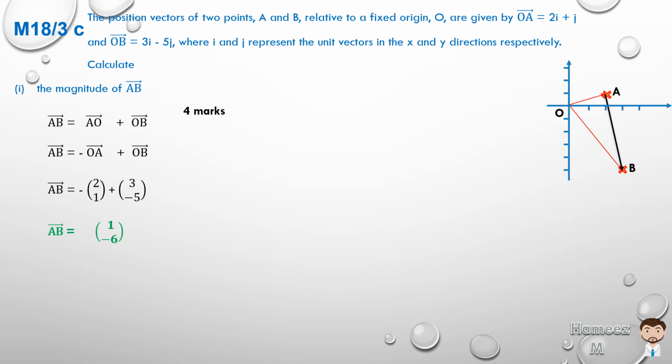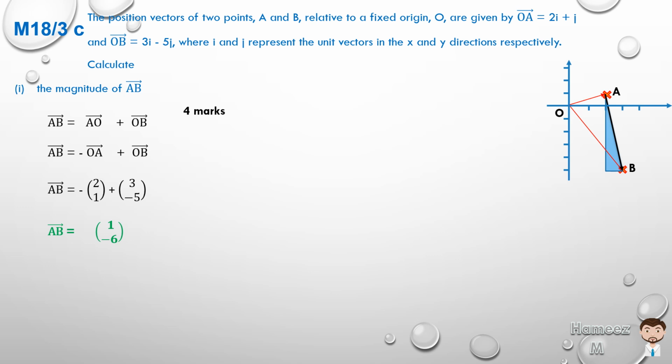Meaning to go from A to B, we need to move 1i, or 1 unit to the right, and minus 6j, 6 units downwards. So if we want to find the length of AB, let's bring that up with a blue triangle. This right angle triangle will help us to represent the length using Pythagoras' theorem.